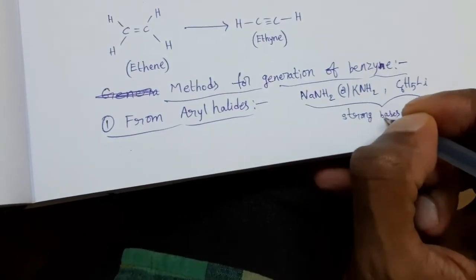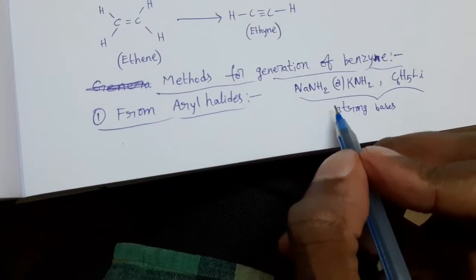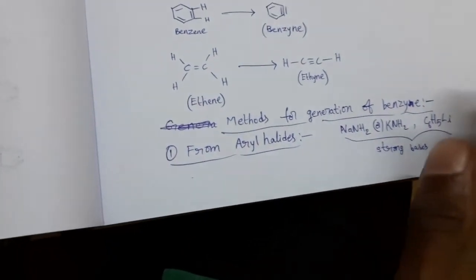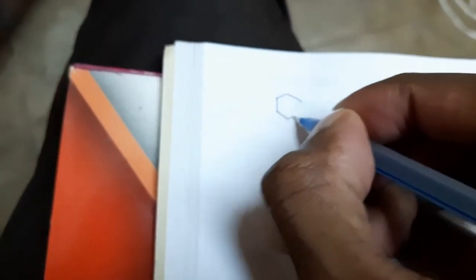When aryl halide is treated with strong bases like these compounds, then benzyne is obtained. See here. This is chlorobenzene.